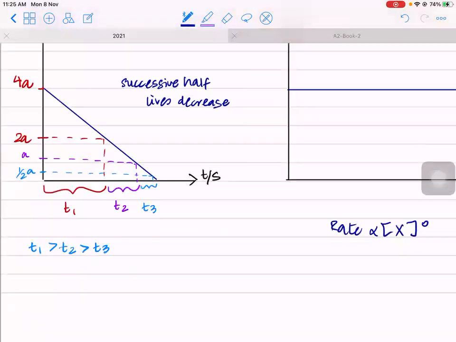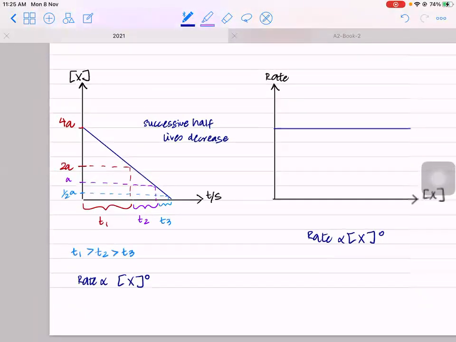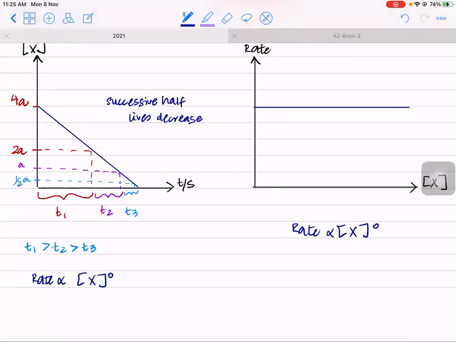So if successive half-lives are decreasing, then you should know that rate is zero order with respect to that reactant. Clear? So if you have a concentration time graph, you will have to calculate the half-lives to figure out the order. And if successive half-lives are decreasing, that means it is zero order with respect to that reactant.